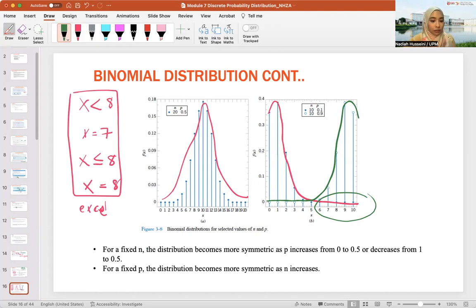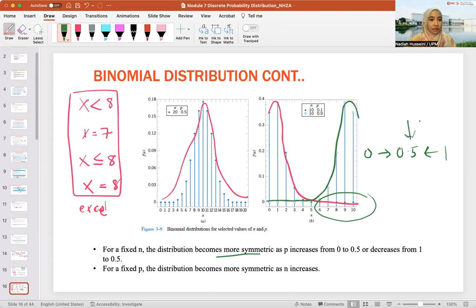So here they're telling you for a fixed n, the distribution becomes more symmetric as p increases from 0 to 0.5. You saw that when your probability was 0.5, it was very symmetrical versus 0.1 or 0.9. If your probability approaches 0.5, from either side, where this is 0 and this is 1, it will become more symmetrical.